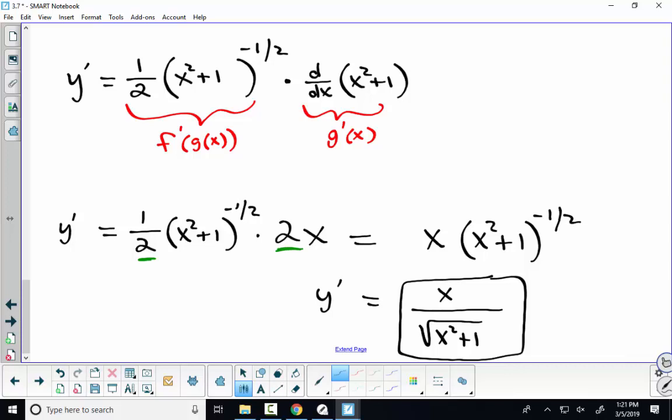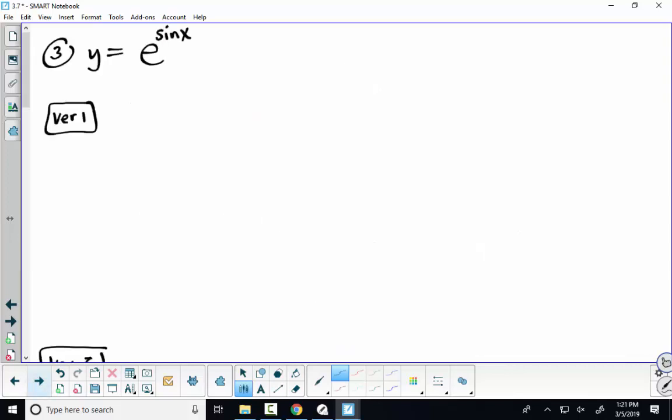So we've seen a power function. Radicals are also power functions, so they work in a similar way. Exponential function, how about e to the power of sine x? What would the inner function be here? Yeah, it's sine x, right?